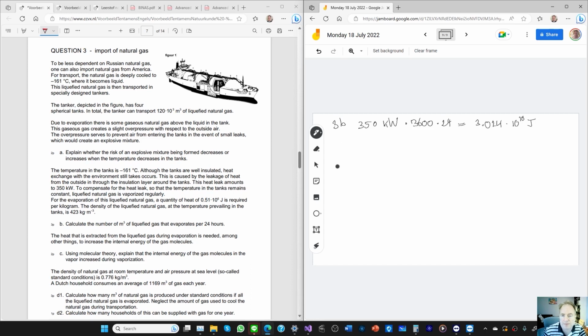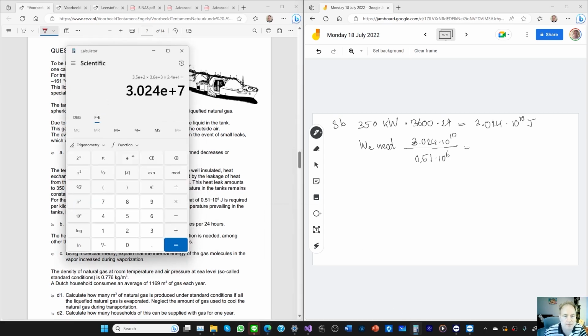So we need that number, 3.024 times 10 to the power 10 divided by 0.51 times 10 to the power 6.